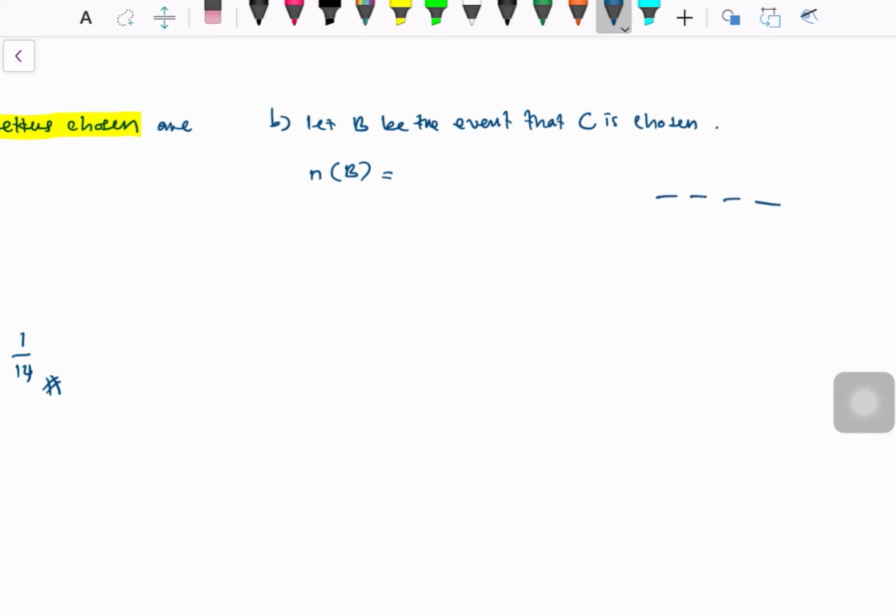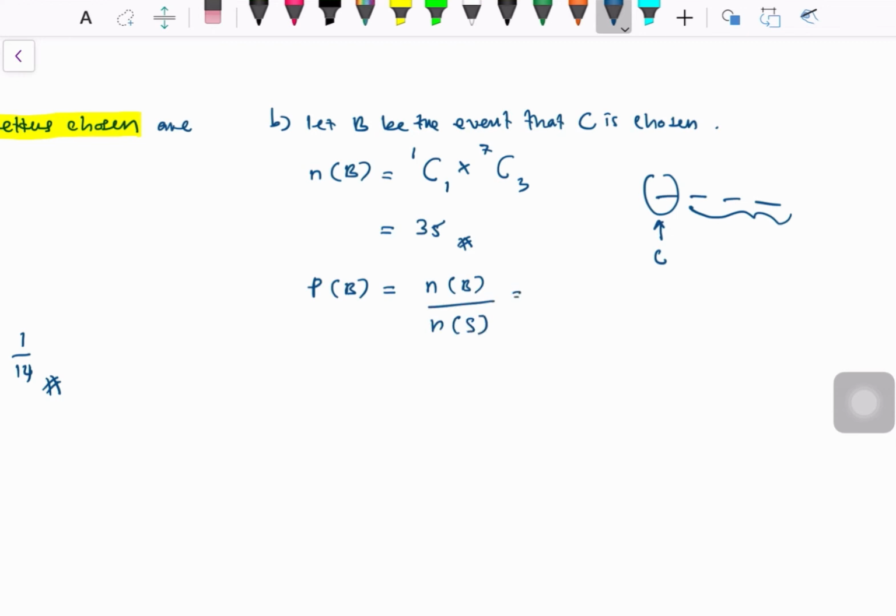Let's say we have 4 places, and the first place is booked by the letter C. So we write 1C1 for the letter C, multiplied by the remaining 3 places to be chosen from the 7 remaining letters, which is 7C3. After calculating, we have 35. Then P(B) equals n(B) divided by n(S), which is 35 divided by 70. After simplifying, we have 1/2.